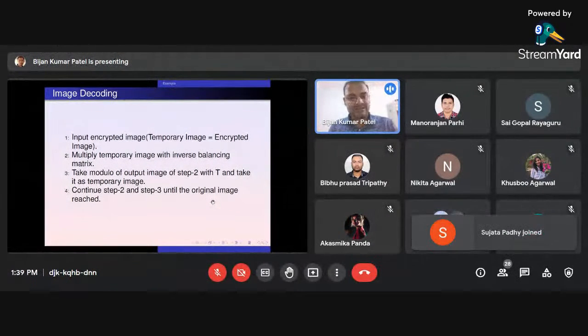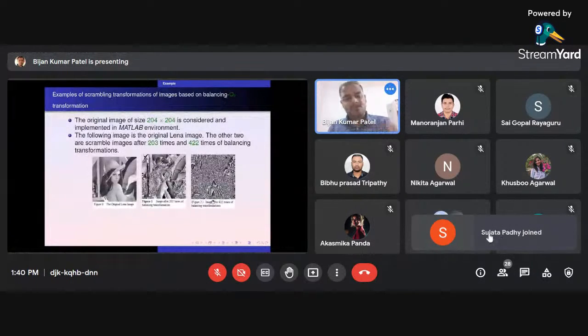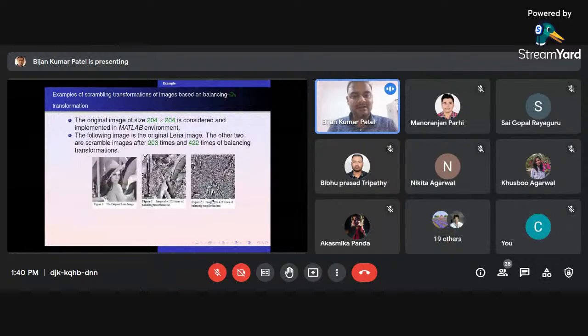Consider an example. Suppose we have an original image of size 20 cross 20, implemented in MATLAB. We considered the original Lena image, and the first figure, figure 1, is the image we got after scrambling 203 times.